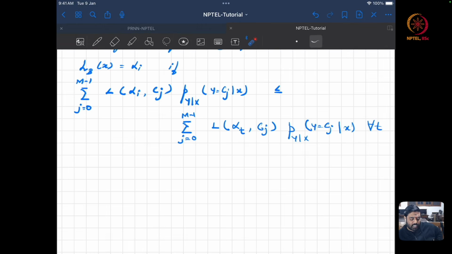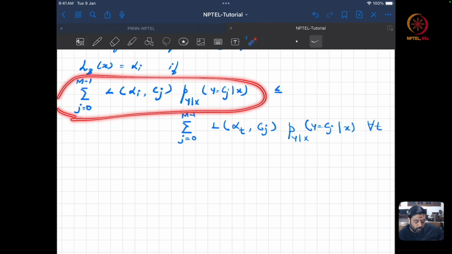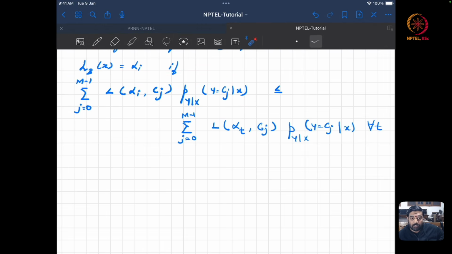Now, what is it saying? The conditional risk which I obtain when my decision is alpha I is less than that of taking any other decision.